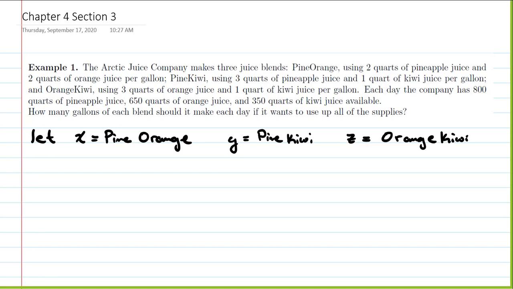And I probably should have been a little bit more specific. When I say X, Y, and Z equals pine orange, pine kiwi, and orange kiwi, what am I really saying?